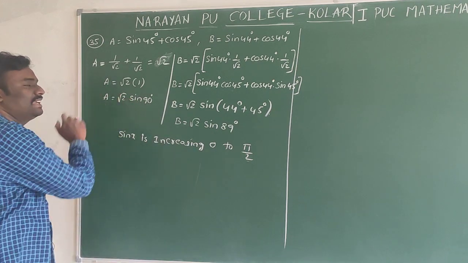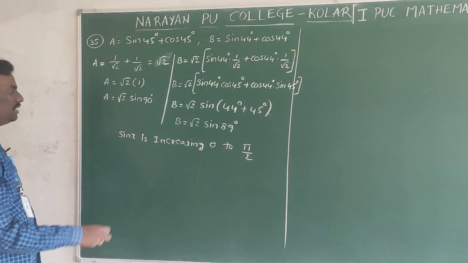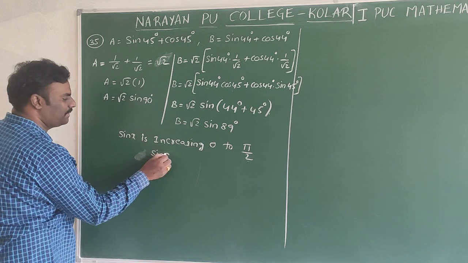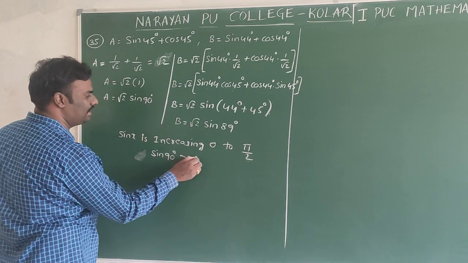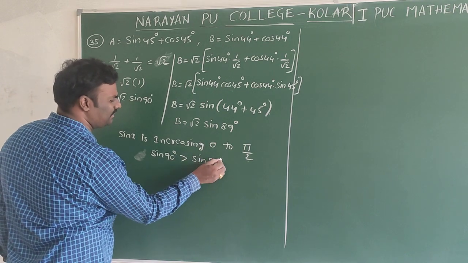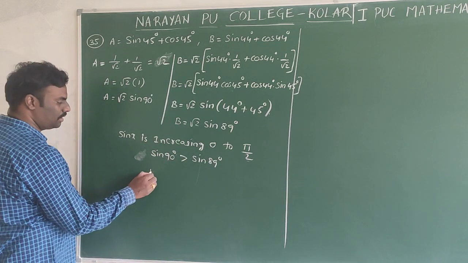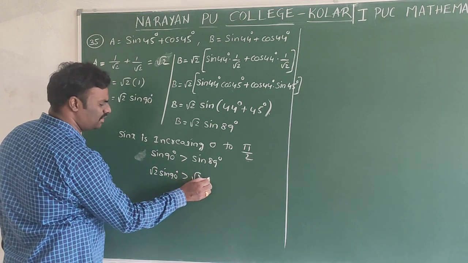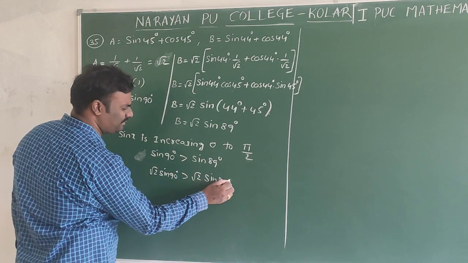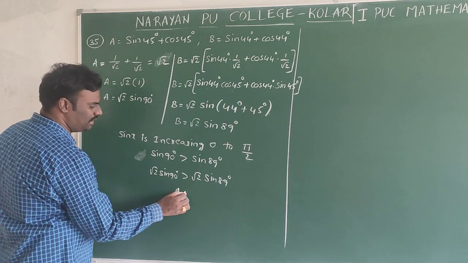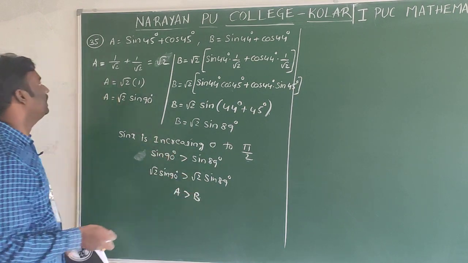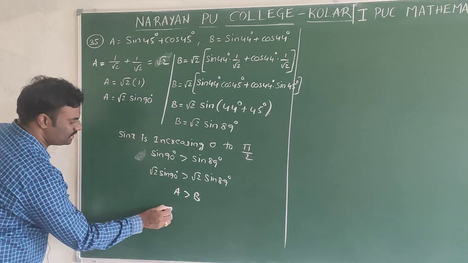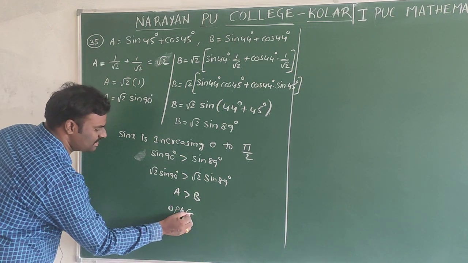That's why we can write sin 90 is greater than sin 89. Now root 2 sin 90 is greater than root 2 sin 89. Then finally we got A is greater than B, that is the answer for 35, that is nothing but option A is the correct answer.